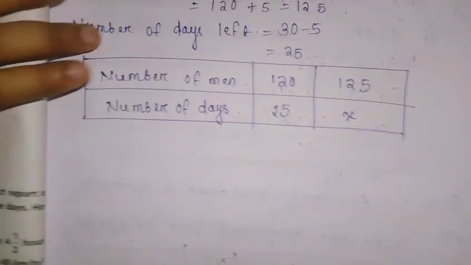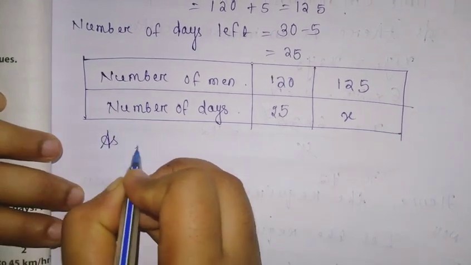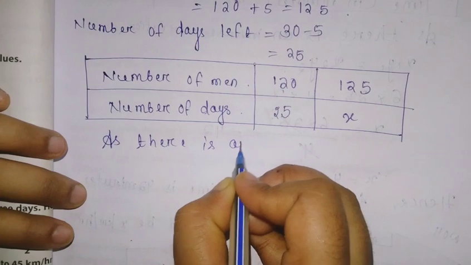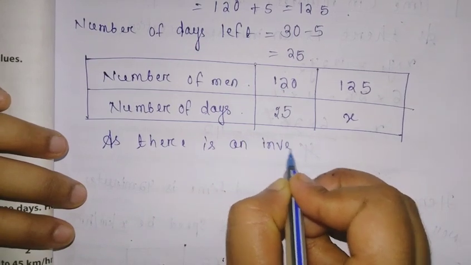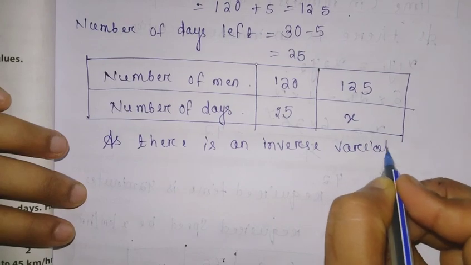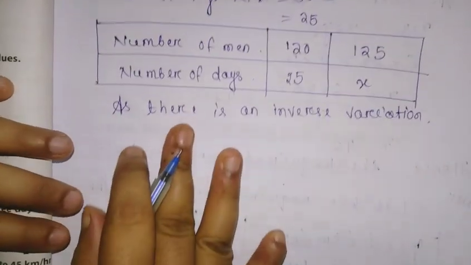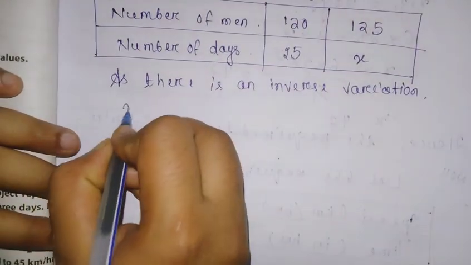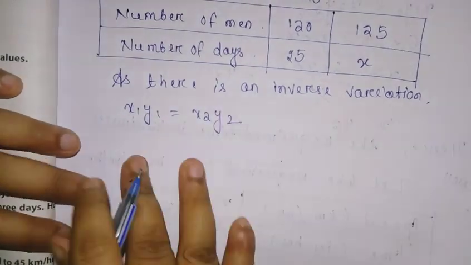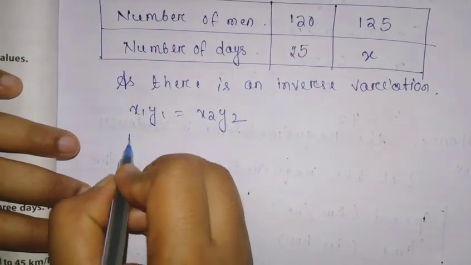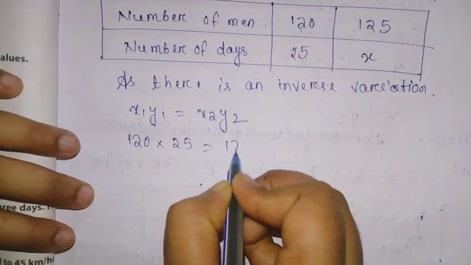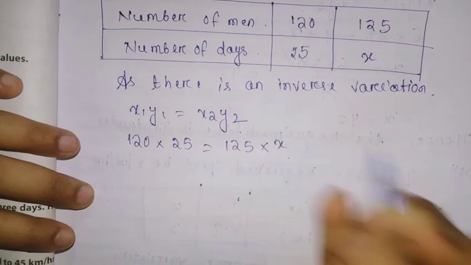As there is an inverse variation, we put the inverse variation formula: x1 into y1 equals x2 into y2. Here x1 is 120 and y1 is 25. Then x2 is 125 and y2 is x.